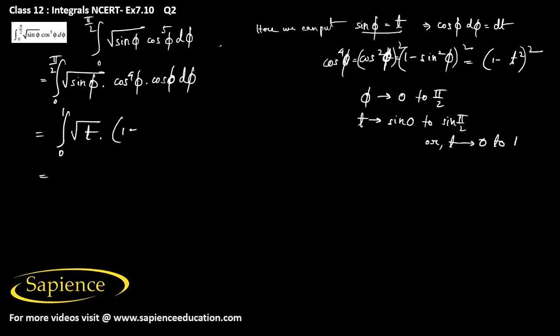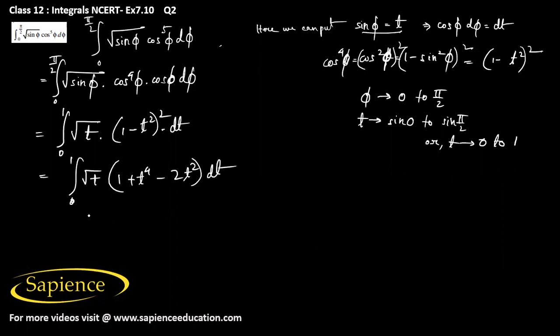So this will be integral 0 to 1 root over t into 1 minus t square whole square dt. So we have to expand this expression. It will be 1 plus t power 4 minus 2t square into dt.